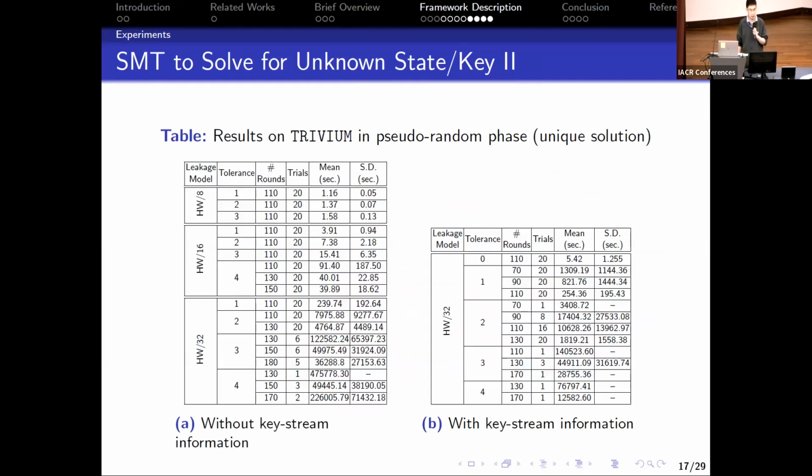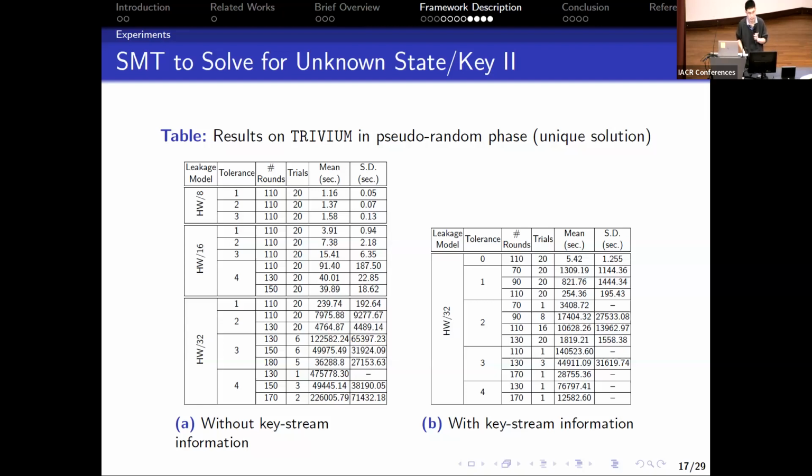This is the result when we tested it on the pseudo-random phase, with all the parameters which return a unique solution. The first one, A, is basically without the key stream, so we only consider the update function and the Hamming weight. Since we are working on a Hamming weight 32-bit microcontroller, with an error tolerance of 3, the result is at the bottom, SW32 with tolerance of 3.